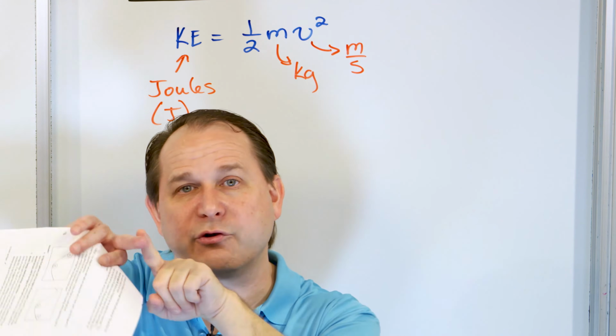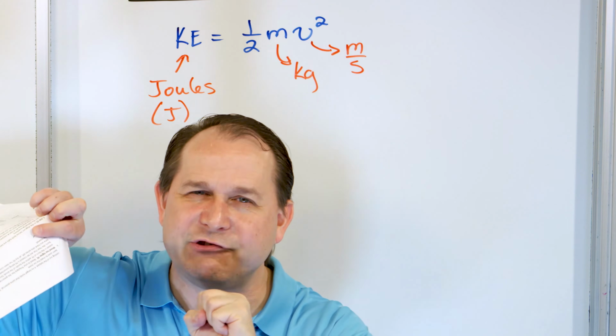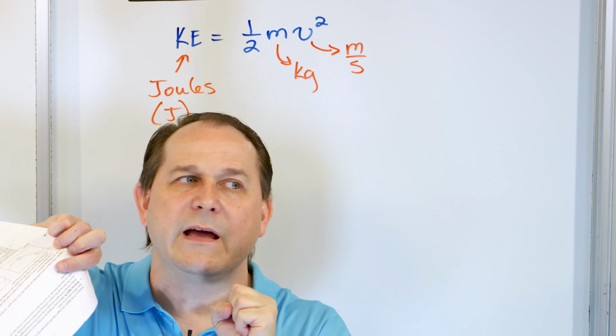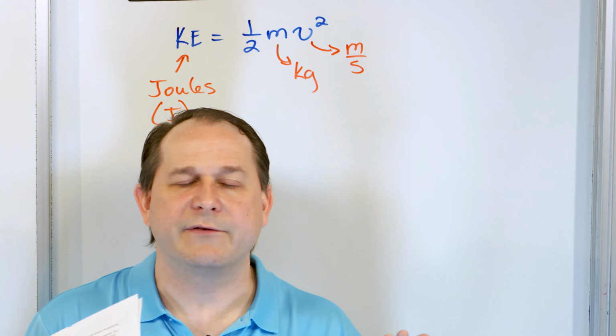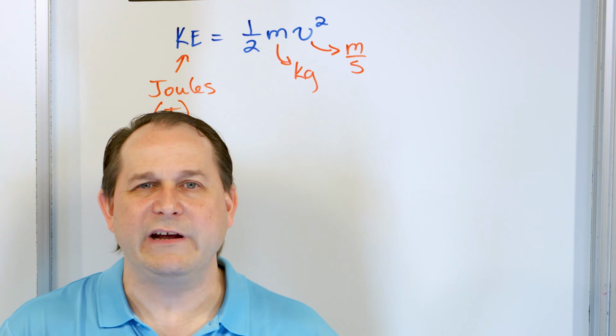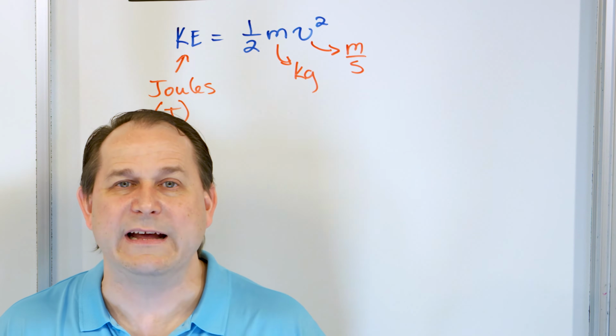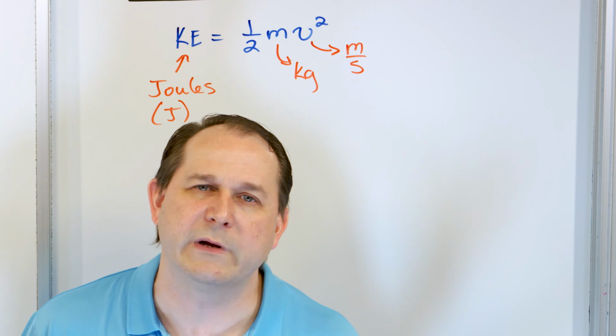Because all of the potential energy that was in that tension and the pulling that was there would be converted into the energy of motion. That's what we say when we have a law of conservation of energy. Energy is really not created or destroyed, it's just changed from one form to another.